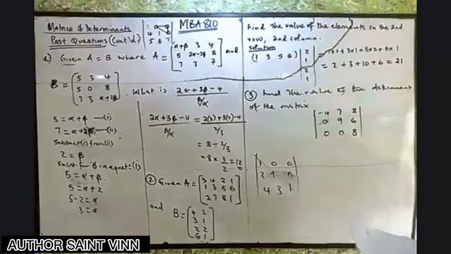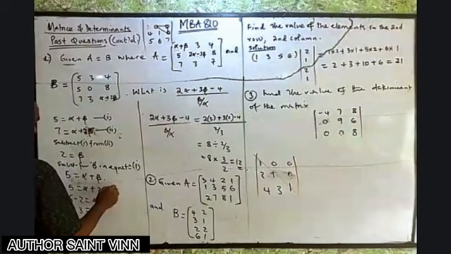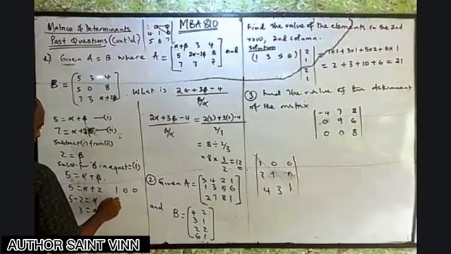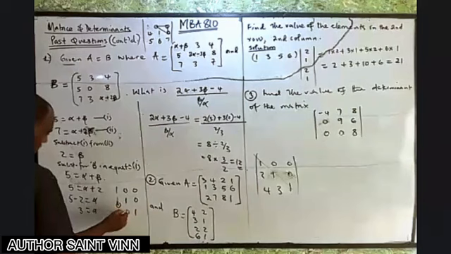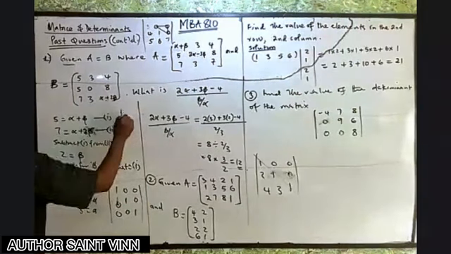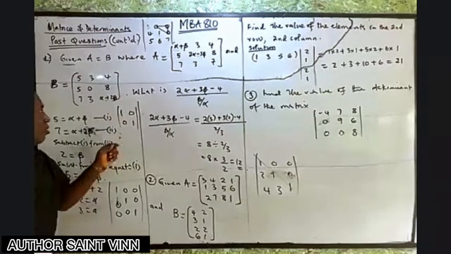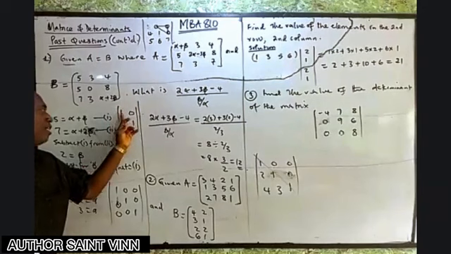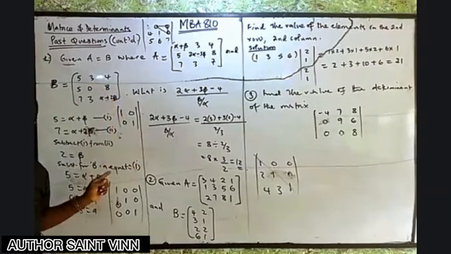Okay, here's the identity matrix. A matrix whose major diagonal is 1 and 0 elsewhere is the identity matrix.